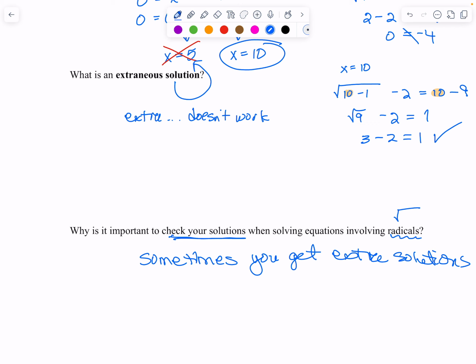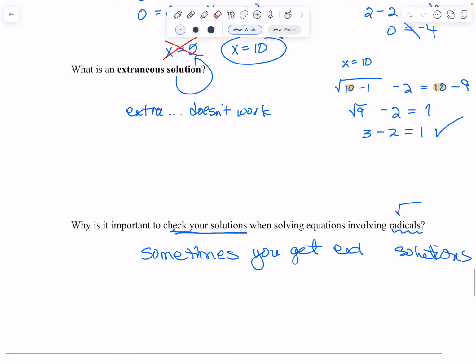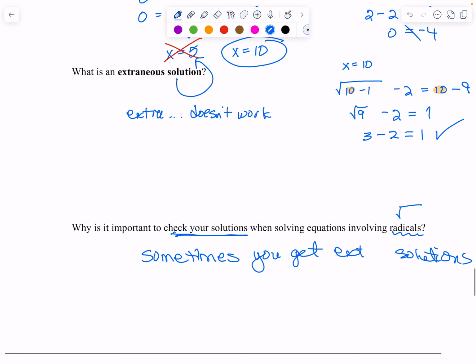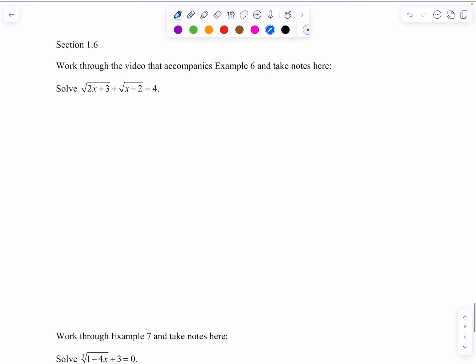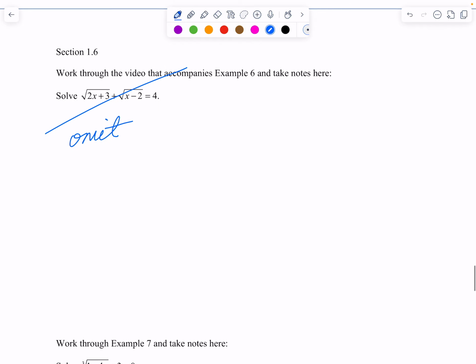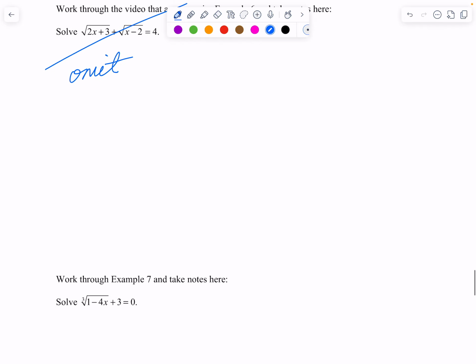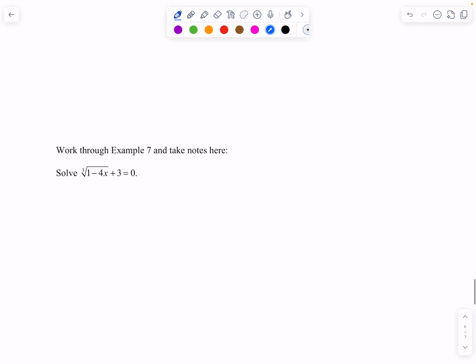That might be hard to read. That's extra. Okay, now this one, we are going to omit this one as well. Omit. You're not going to have anything like that on your quiz or your test or your homework.